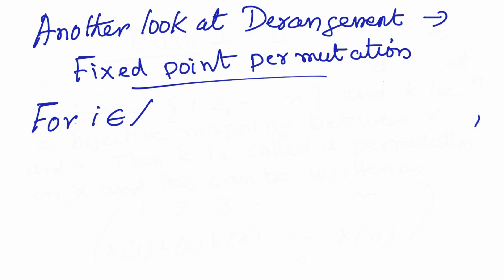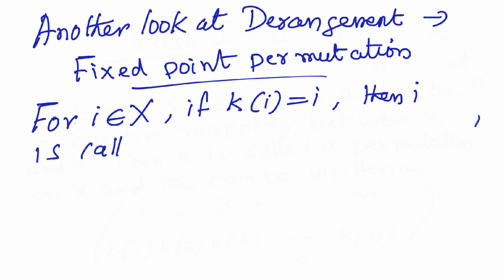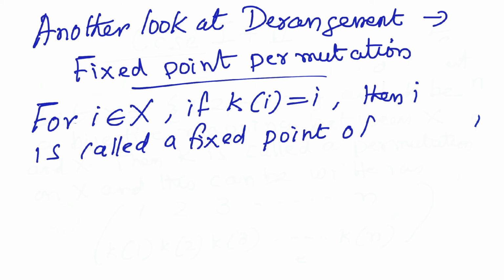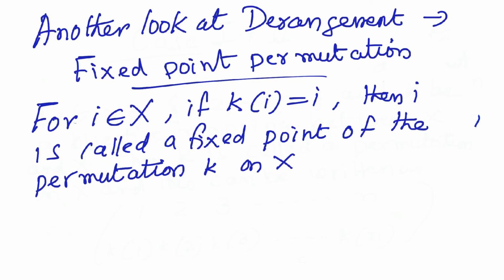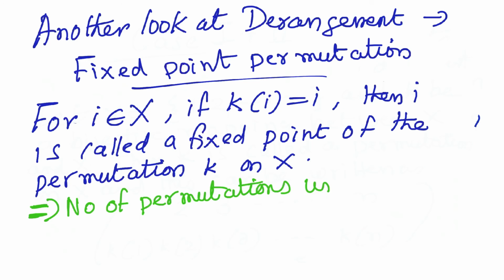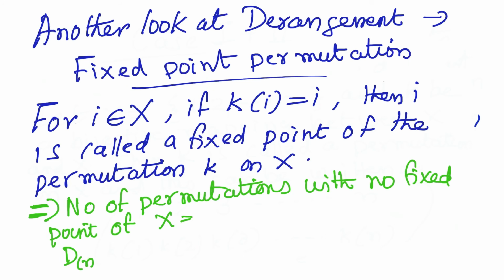Which means that for i, which is an element of X, if ki is equal to i, then i is called a fixed point of the permutation k on X. That is, the number of permutations with no fixed point would actually be the derangement of n objects.